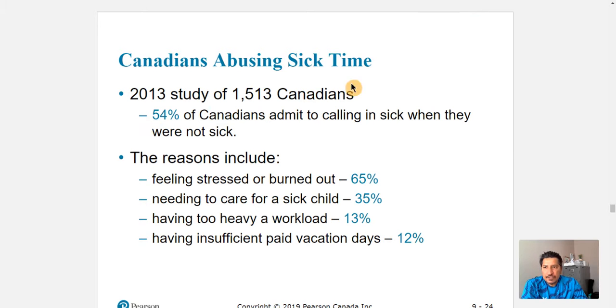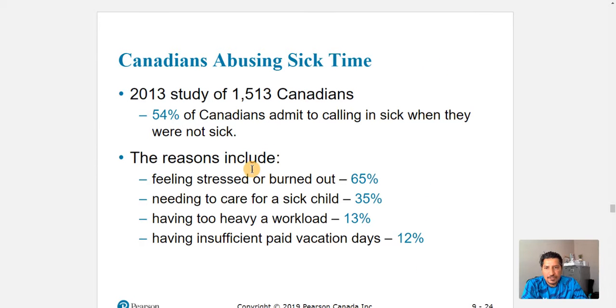Canadians abusing sick time: a 2013 study of 1,513 Canadians found that 54% admit to calling in sick when they are not sick. So they are abusing the system. The reasons include feeling stressed or burnout, 65%, needing to care for a sick child, 35%, having too heavy a workload, 13%, and having insufficient paid vacation days, 12%.